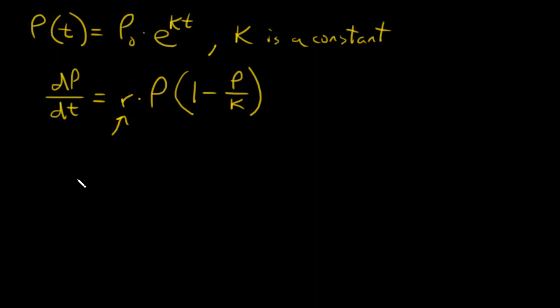R is now our growth rate. It is no longer going to be our K serving as the growth rate for our initial equation that we had way back when we started 3-1. Okay, so R is now the rate, the growth rate, and K is now what we're going to call the max population.